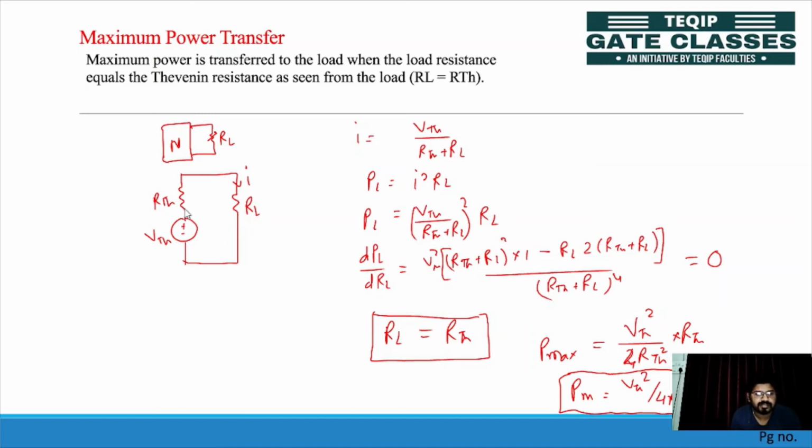If this source is supplying power P, what will be the power transferred here if maximum power is transferred? You know maximum power will be transferred to the load only when RL is equal to RTH. It means both resistances are the same. That means if power P is supplied by this source, it will be absorbed by both resistors equally. So the load absorbs half of the power, that is P by 2, and that is the maximum power. So this you can remember.